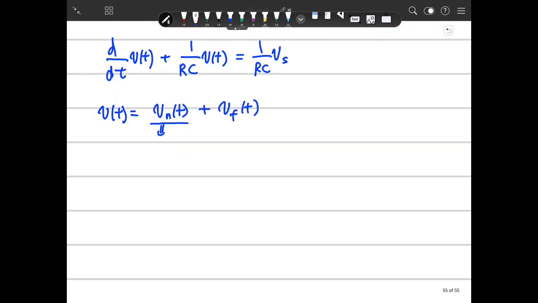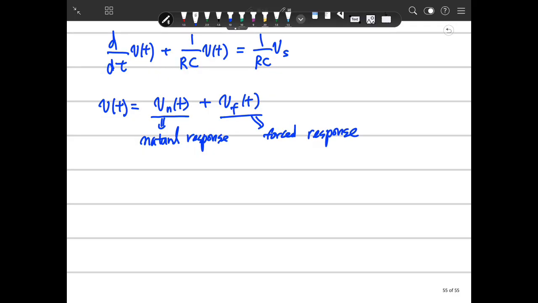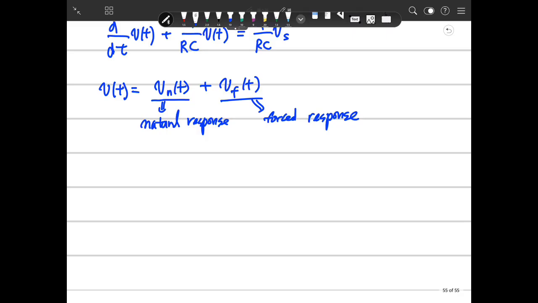VNT means natural response. And VF means forced response. Then at first we will do that.